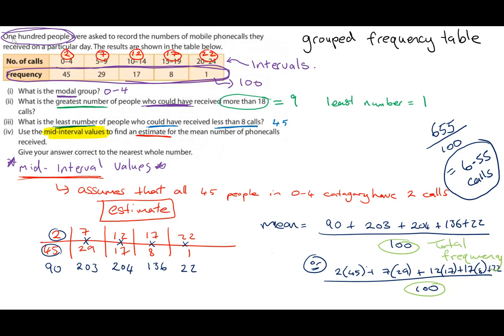So it is 6.55, and the question asks to give it to the nearest whole number, so we can round it to 7. But I can't stress the importance of those mid-interval values. It's very, very, very important for calculating means when I have a grouped frequency table with intervals like that.